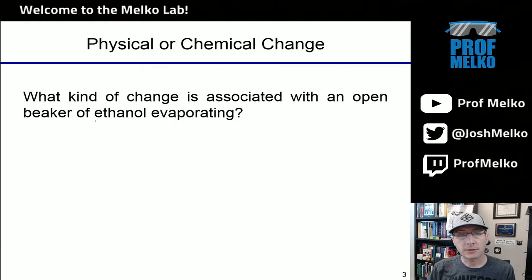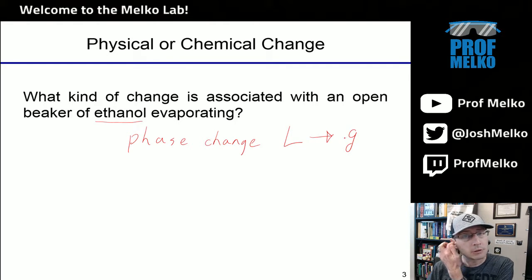So if ethanol is evaporating, this evaporation is a phase change. It's just changing from liquid to gas. That's all evaporation is. It's still all ethanol. The same molecules of ethanol in the liquid phase are just now entering the gas phase. So all phase changes like this are physical, so this is a physical change.